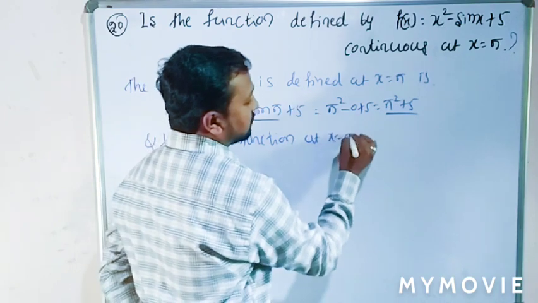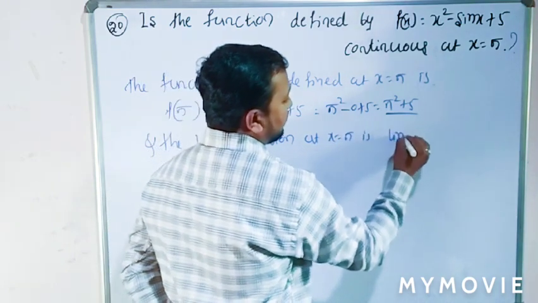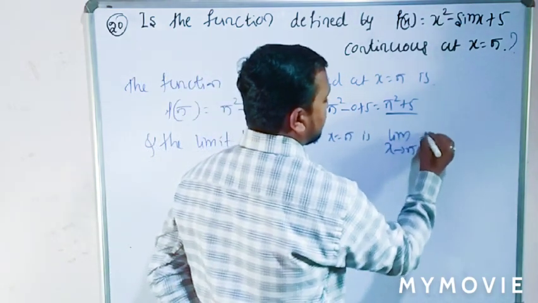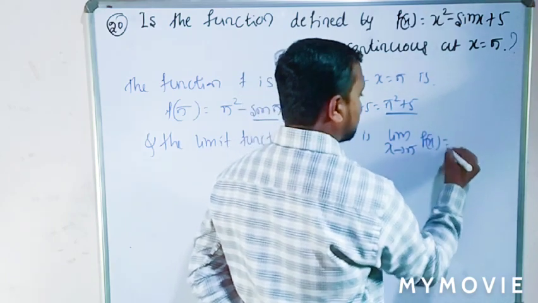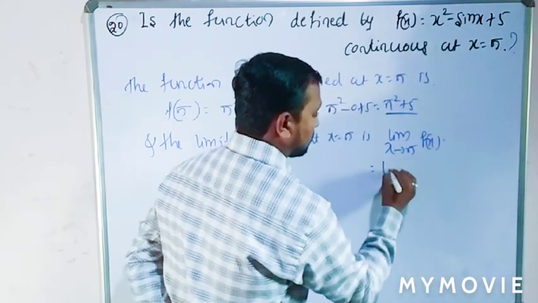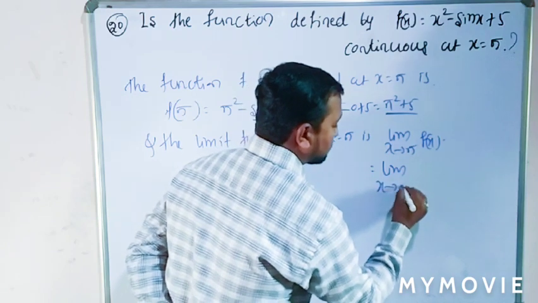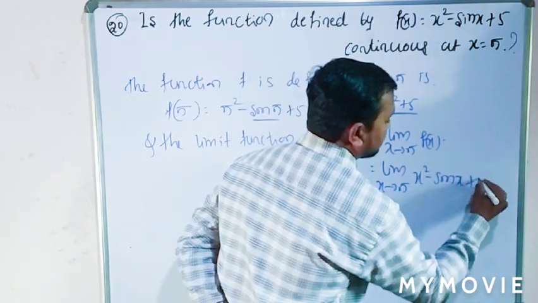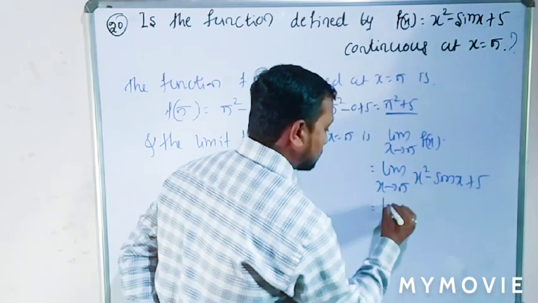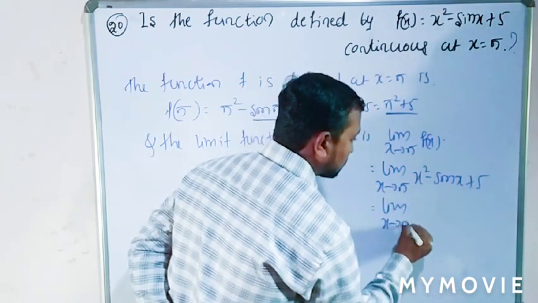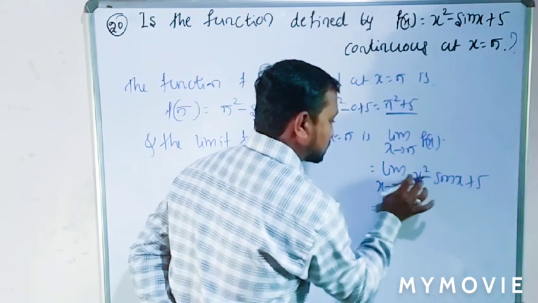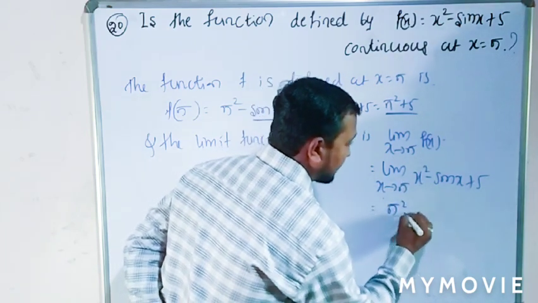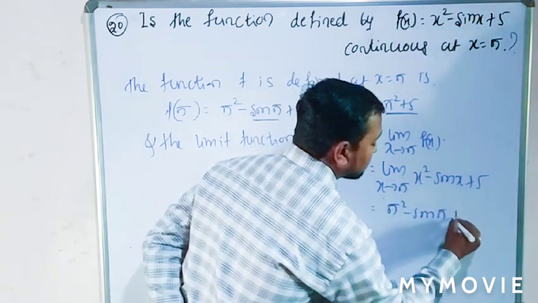at x equal to pi is the limit of x tends to pi f of x, that is equal to the limit of x tends to pi of what is your f of x? x square minus sin x plus pi. Applying the limit as x tends to pi, it is nothing but pi square minus sin pi plus pi.